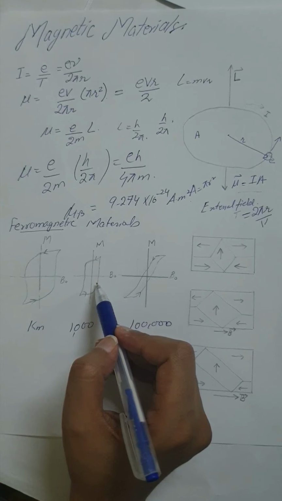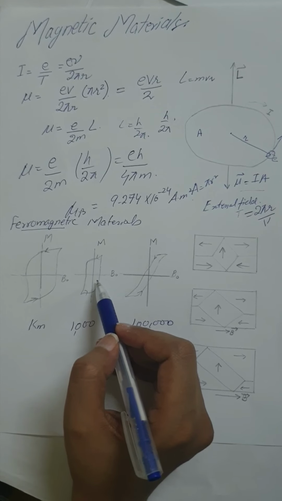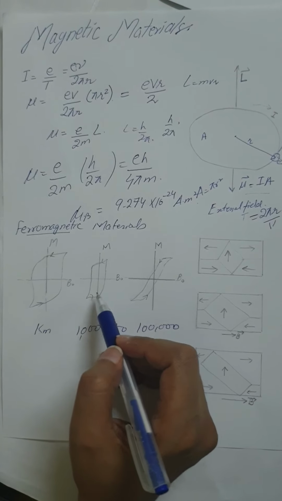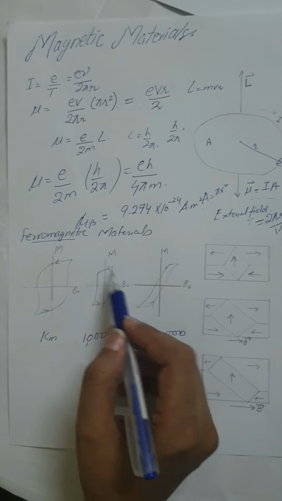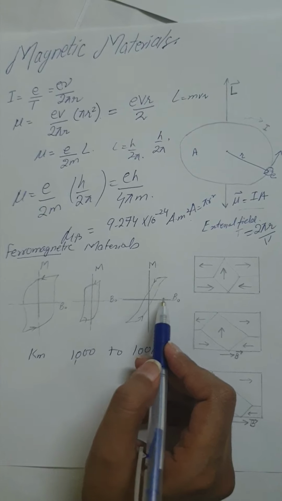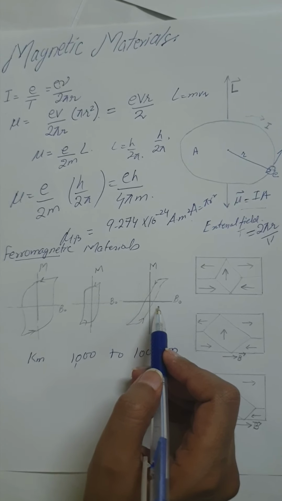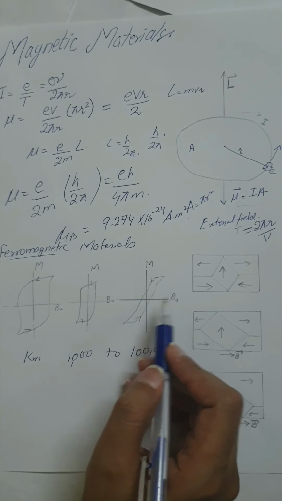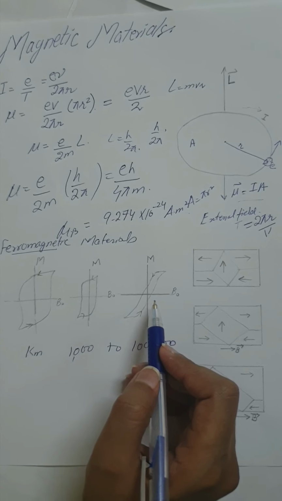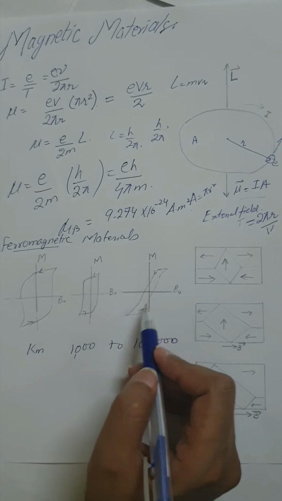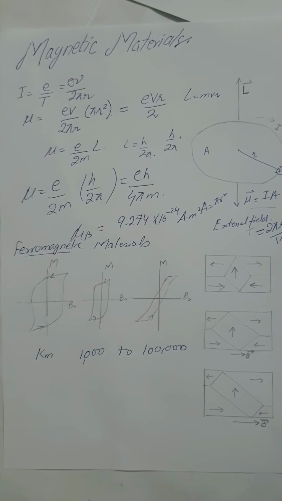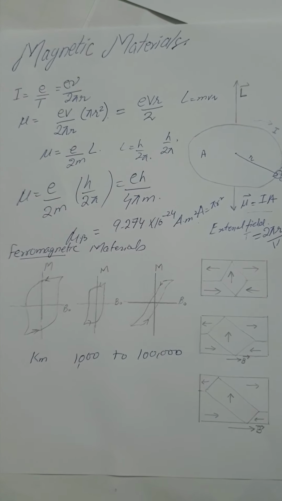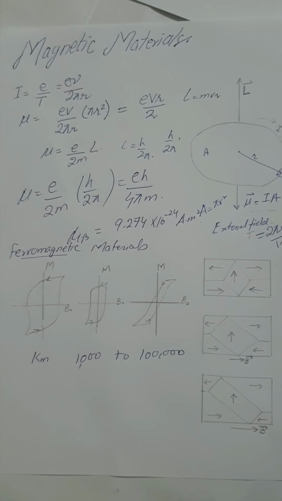Here it magnetizes and demagnetizes more easily. It could be used as a computer memory material, such type of material which has such type of loop. And this type of material is useful for transformers and other alternating current devices where zero hysteresis would be optimal. So it's a behavior of different materials, ferromagnetic materials.